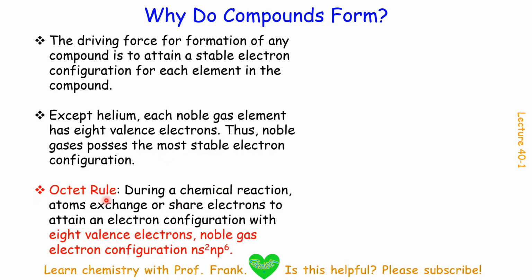The octet rule is very important in chemical bonding. During chemical reactions, atoms either exchange or share electrons to attain an electron configuration with 8 valence electrons, an octet, to have the noble gas electron configuration ns2 np6. 2 plus 6 equals 8, octet.